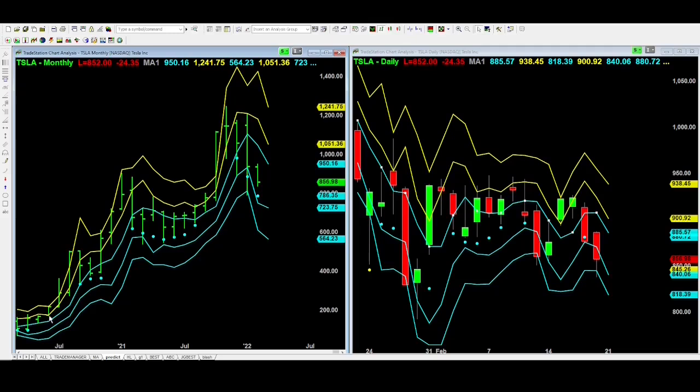So if you are doing long term, maybe you can still hold it and make a much better profit if you continuously hold it from $200 and then sell it at $1,241. That means basically you will earn $1,000 per share.